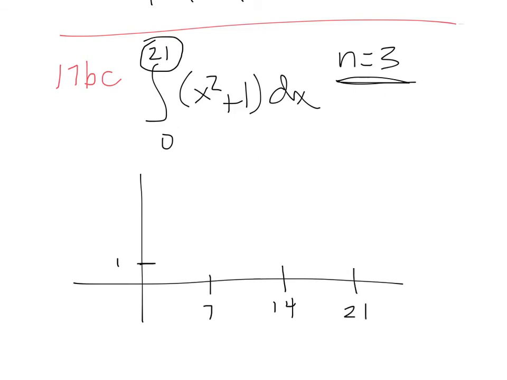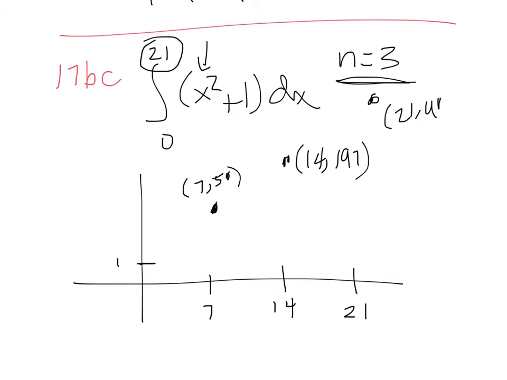At each of these values, at 7, I would plug that in, I'd get 49 plus 1, so that would be my point, 7, 50. And then at 14, I'd get 197, so 14, 197. And then at 21, I would get 442. And then I have my horrible graph.